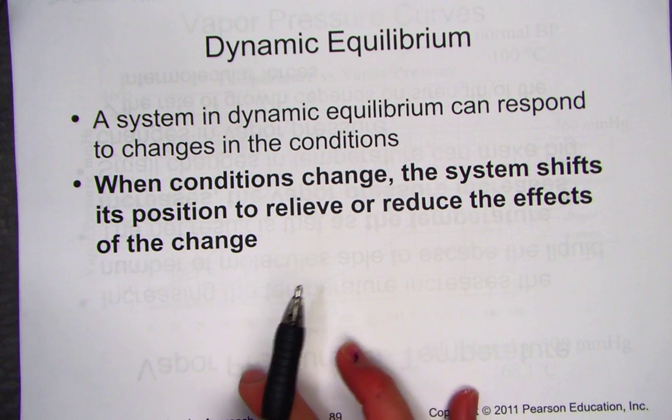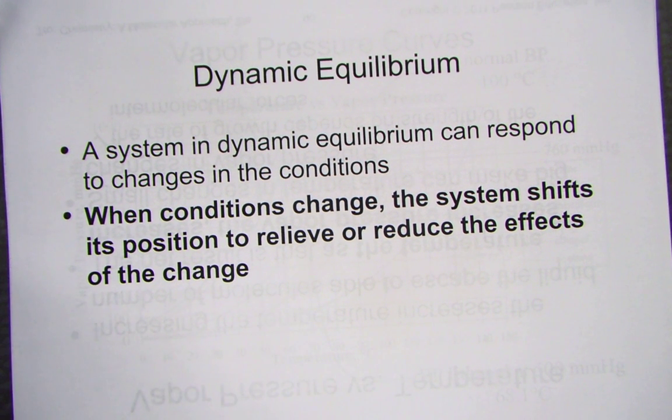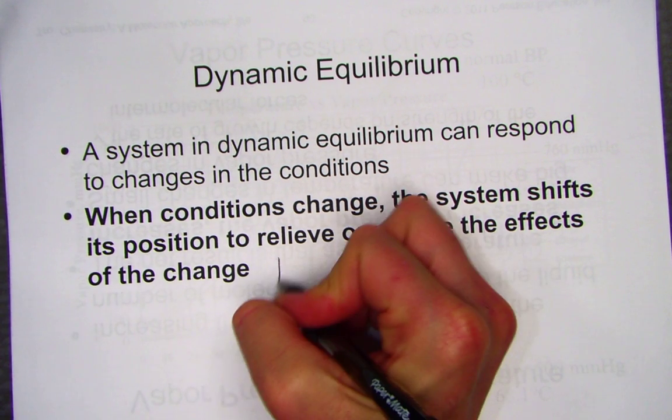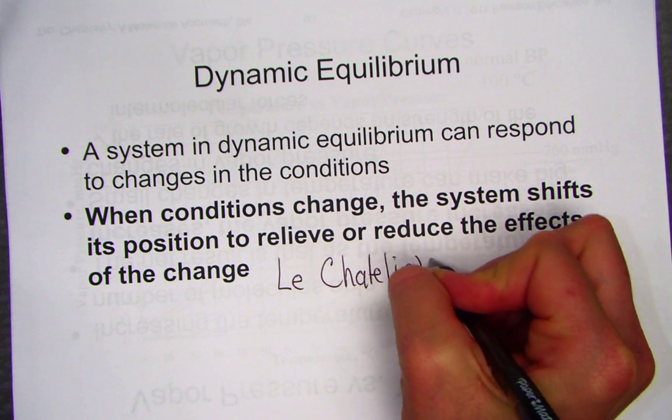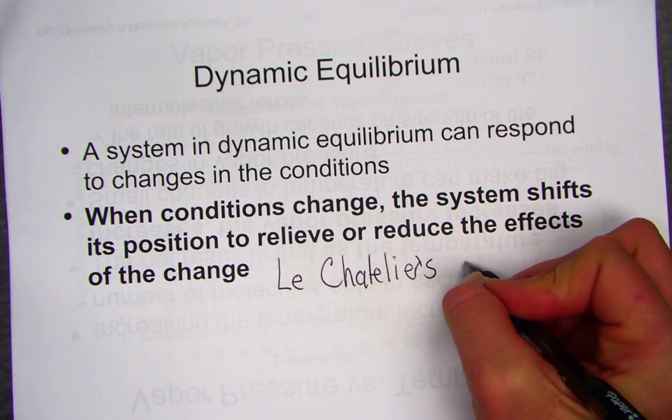So a system in dynamic equilibrium can respond to changes in the conditions. When conditions change, the system shifts in position to relieve or reduce the effects of the change. Next chapter will refer to this as Le Chatelier, he's French, Le Chatelier principle.